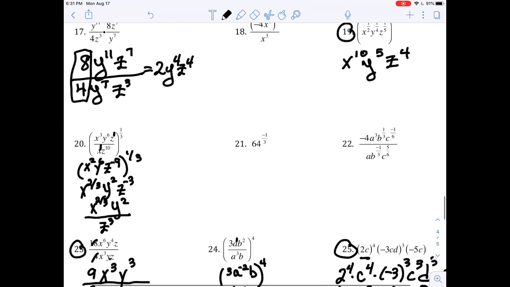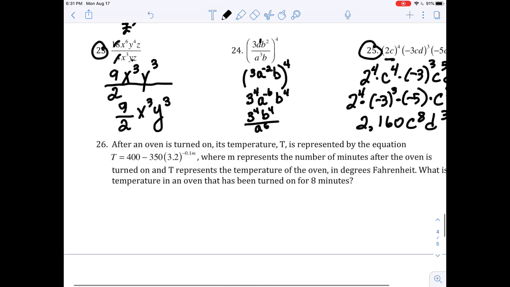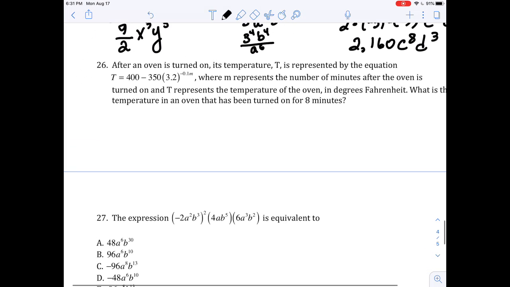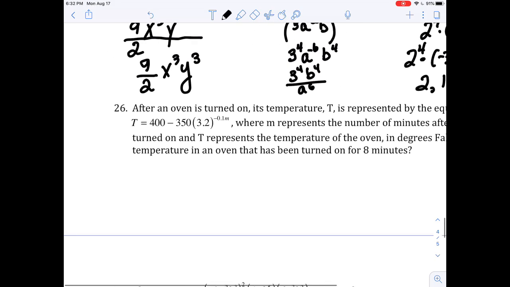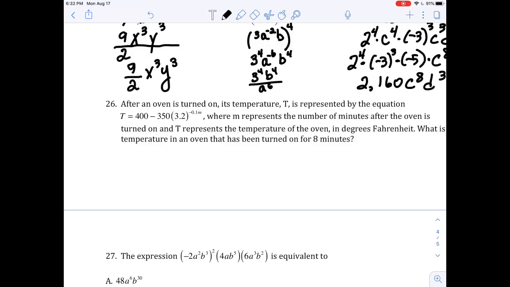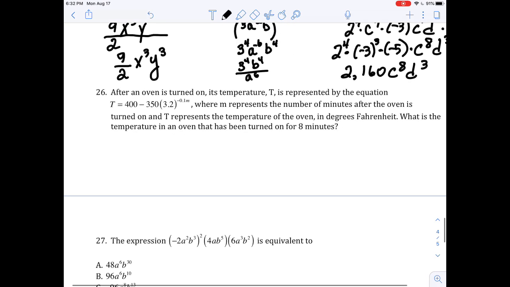Okay, and we're going to go ahead and finish up with a couple more. So number 26, after an oven is turned on, its temperature T is represented by this equation, which involves exponents, which is why it's in this topic. M represents the number of minutes after the oven is turned on, and T represents the temperature of the oven in degrees Fahrenheit.